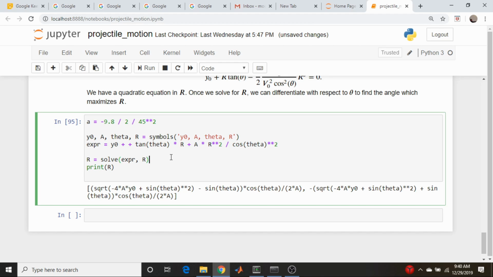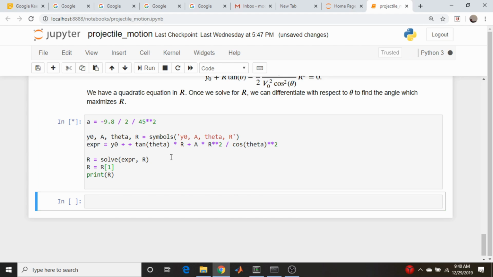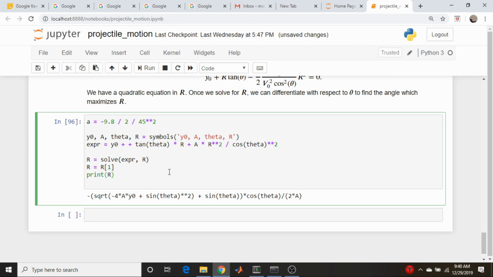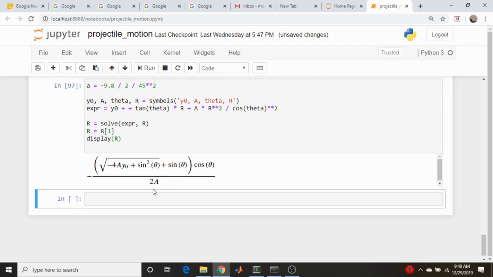I've already done that, and it is equal to the second term here, so I'm just going to grab that. So that should be like that, and let's look at this in a cleaner way. I should be able to type display and have it display like that. Yeah, cool. So that's our expression for the range.